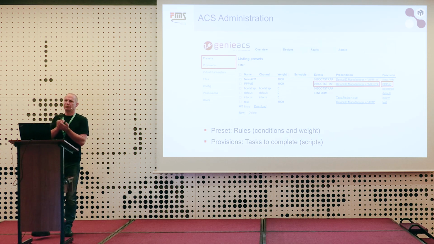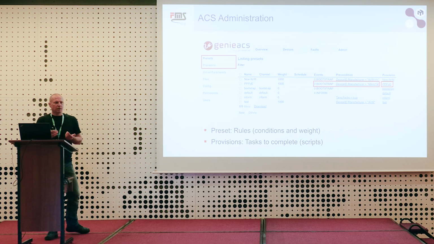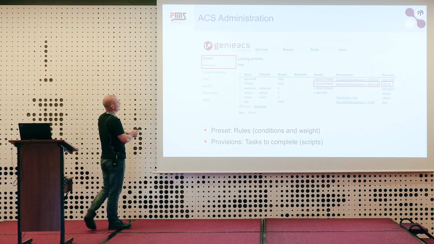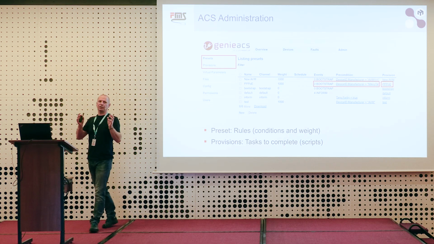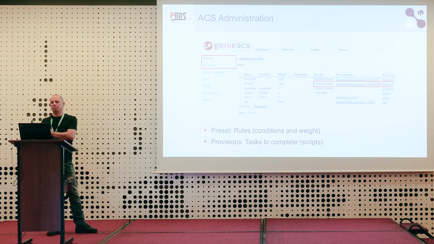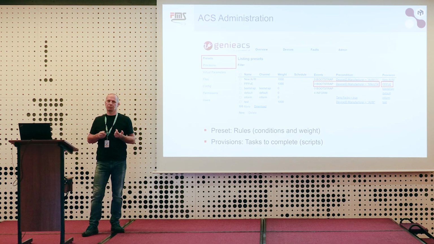You can imagine an ACS, or at least Genie ACS, a bit like a firewall. There are rules defined. These are called presets. And if a rule is matching a device connection, then something is happening. This something is a provisioning rule or a provisioning script.